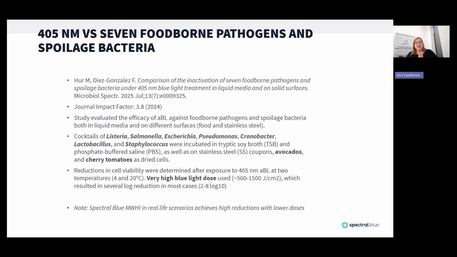In real life you never see these 8 logarithm reductions, since the contamination rates in the real world are usually something like 10 to the 3, 10 to the 4 on the surfaces to be disinfected.